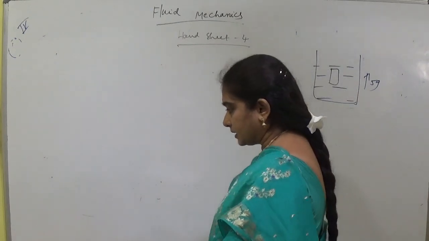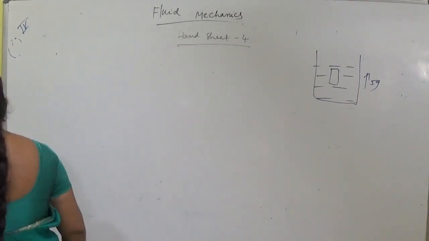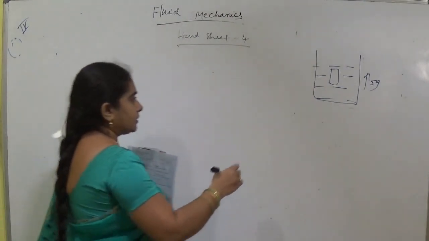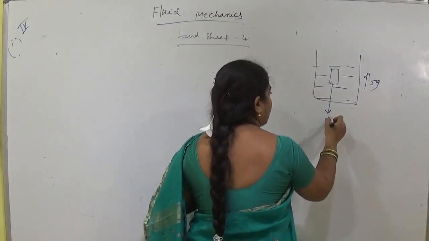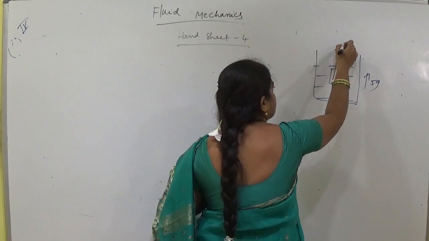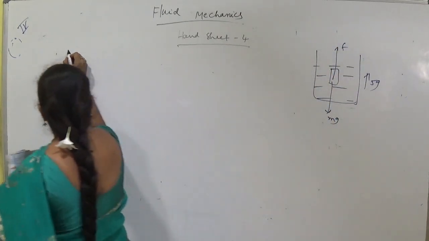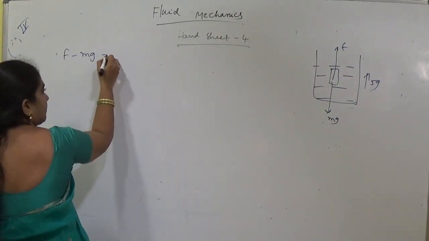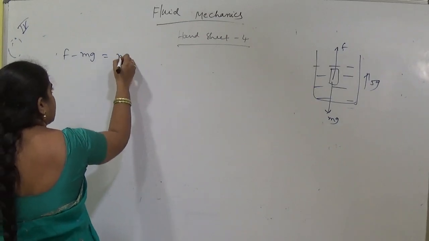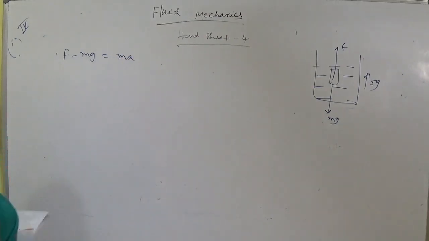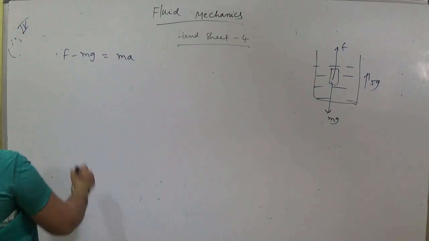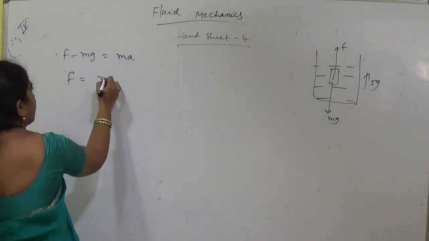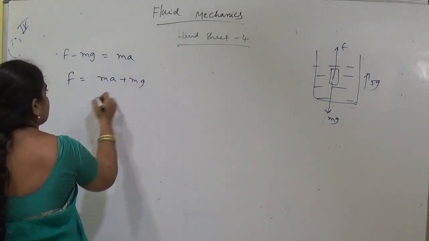Aluminum has specific gravity 2.65. Weight mg, buoyant force F minus mg is equal to ma in the upward direction. F is equal to ma plus mg.